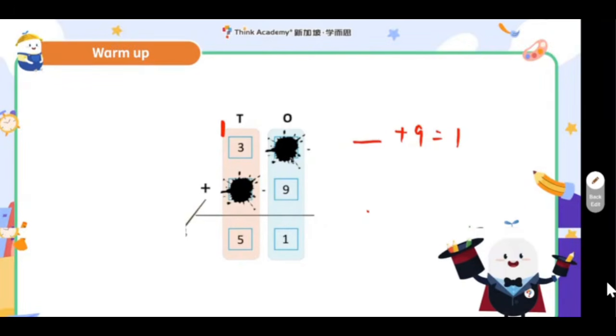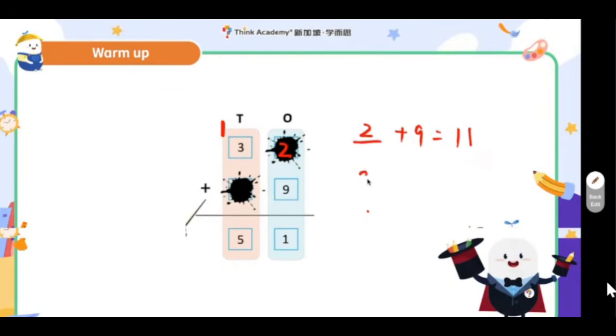So actually, that means this missing number plus 9 equals 11. But why don't we write down 11 here? Because we can never have two numbers for one digit, right? So what is the missing number here? Type in your chat box. That should be 2.